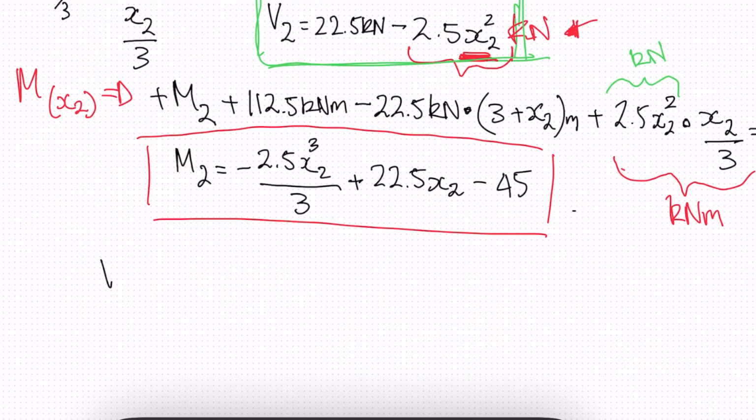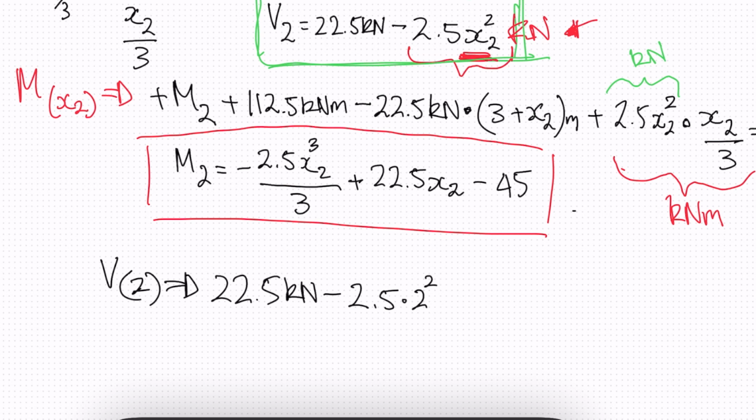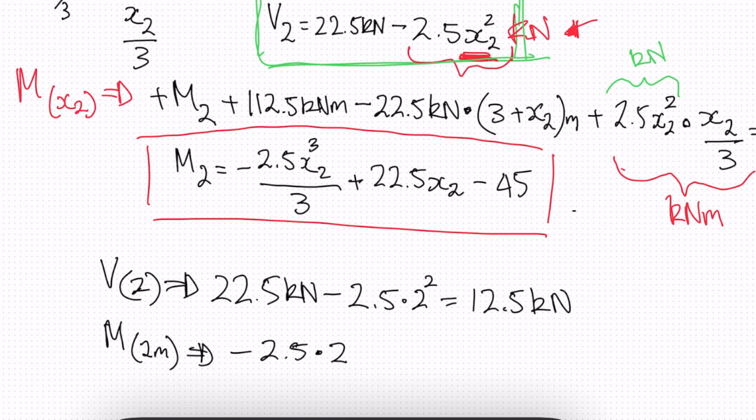Okay, so if we write our shear as a function of 2 meters, we can write 22.5 kilonewtons minus 2.5 times 2 to the power of 2, and this will be 12.5 kilonewtons. And if we find our M as a function of 2 meters, we'll have negative 2.5 times 2 to the power of 3, plus 22.5 times 2, minus 45.